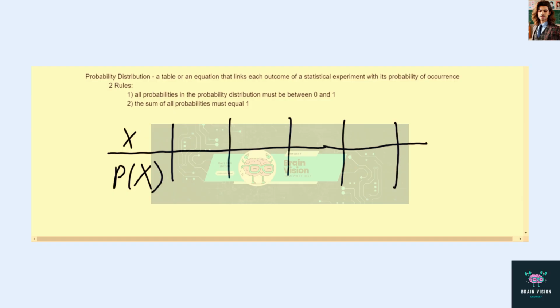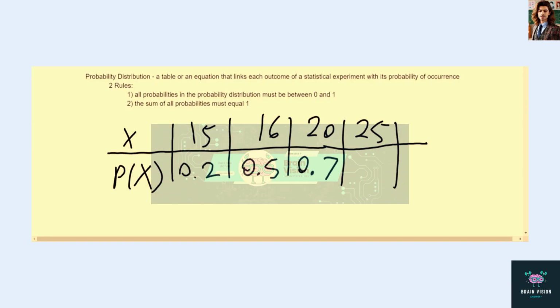And we have our x values of 15, 16, 20, and 25, and our probabilities of 0.2, 0.5, and 0.7, and negative 0.8.